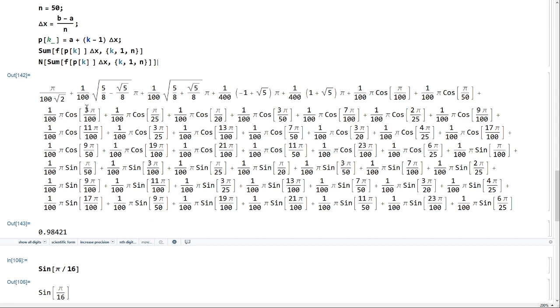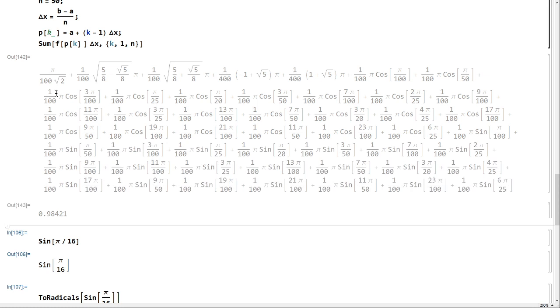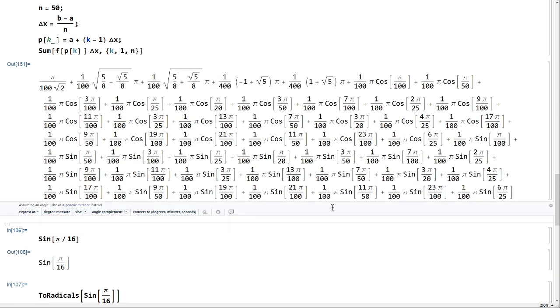Another option, if you don't remember this, for example, if you forget that you can do that, you run it and you get this hideous mess. Let's see.